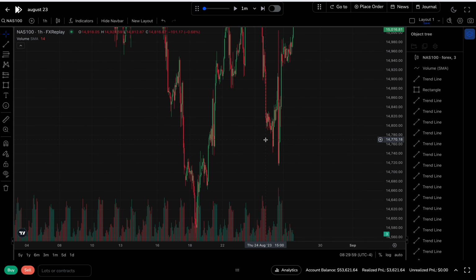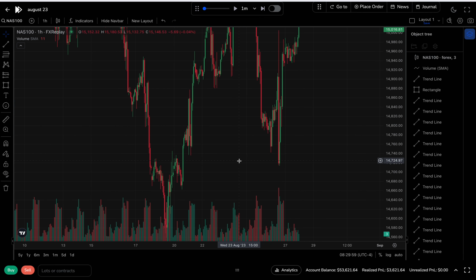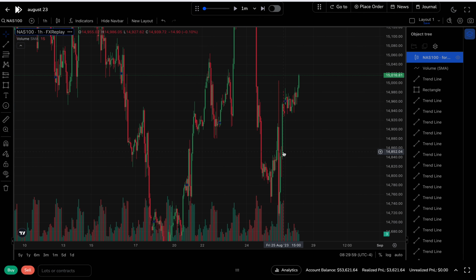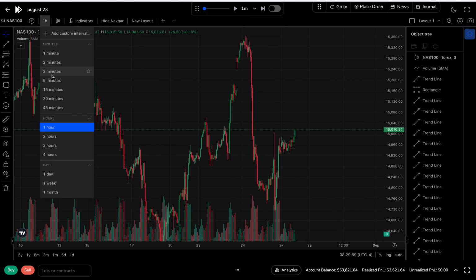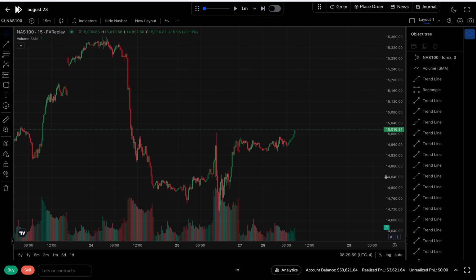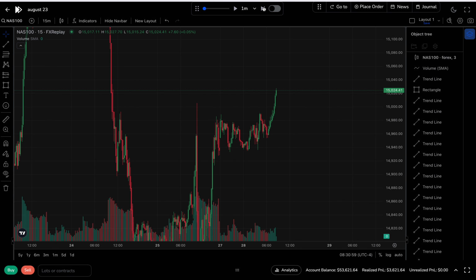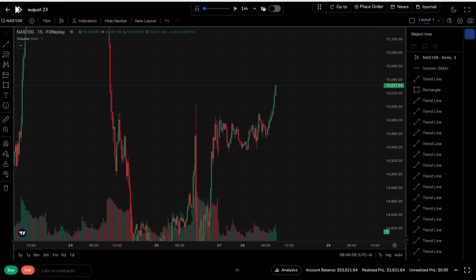Yeah, look at this. So we went down, swept these relative equals, and then now we want to go higher. So it looks like we're looking bullish, but there's nothing to target bullish wise. So this is kind of a little bit of a predicament we're in here.